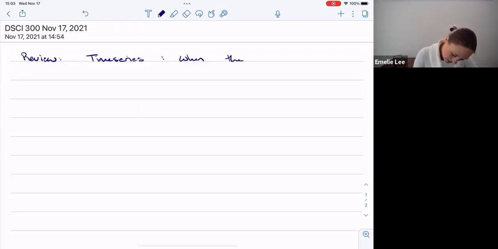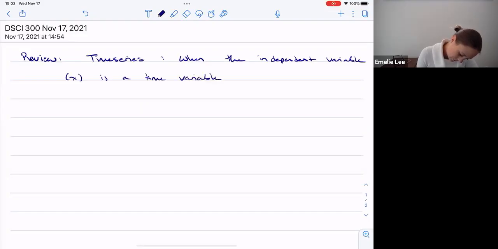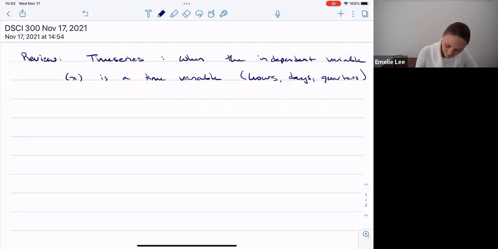So when the independent variable, which of course is your X, is a time variable. Right, things like hours, days, quarters, etc. Should put etc. there because otherwise it looks like that's the list. That's not. There are many, many, many different types of ways that we can measure time. Okay, so a time series is what we're talking about.